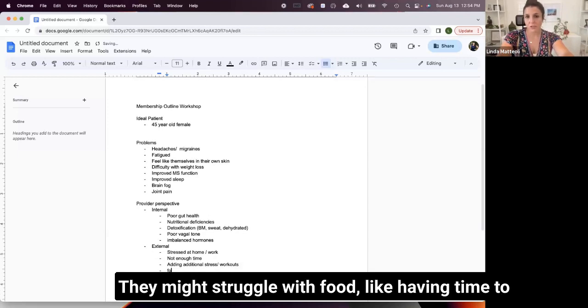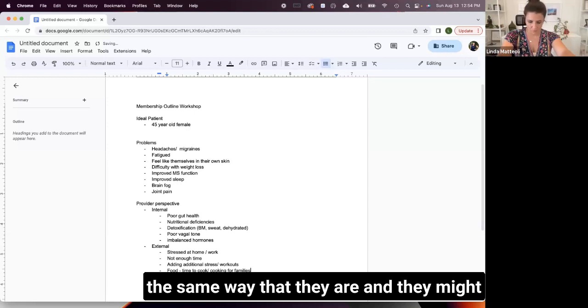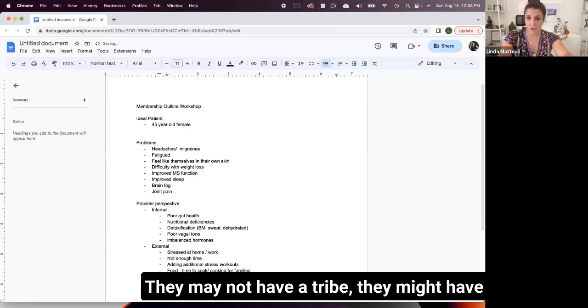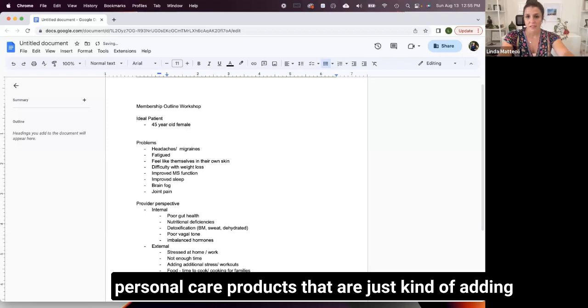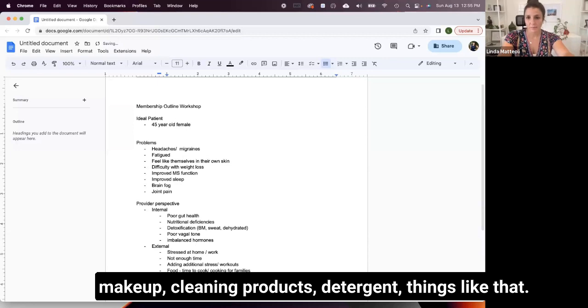They might struggle with food, like having time to cook, cooking for families who may not be eating the same way that they are. And they might feel just kind of isolated, alone. They may not have a tribe. They might have personal care products that are just kind of adding to the toxic burden in their home, whether that's makeup, cleaning products, detergent, things like that.